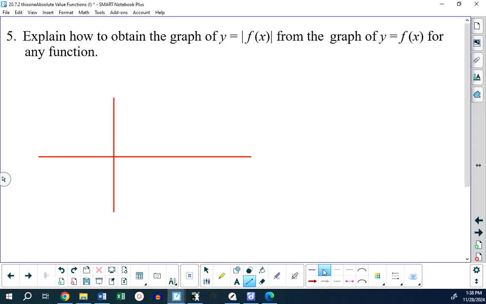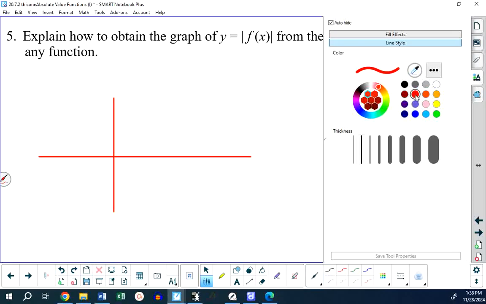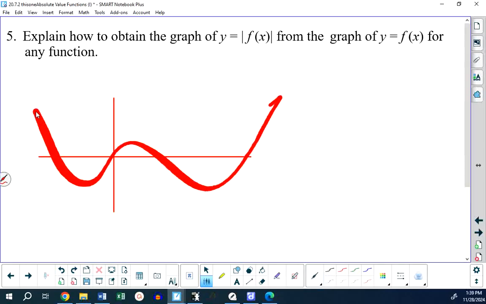So if this is an original graph, if that's f of x, the absolute value of f of x will have the same x-intercepts, and everything that was above will still be above, but anything that was below gets folded above.